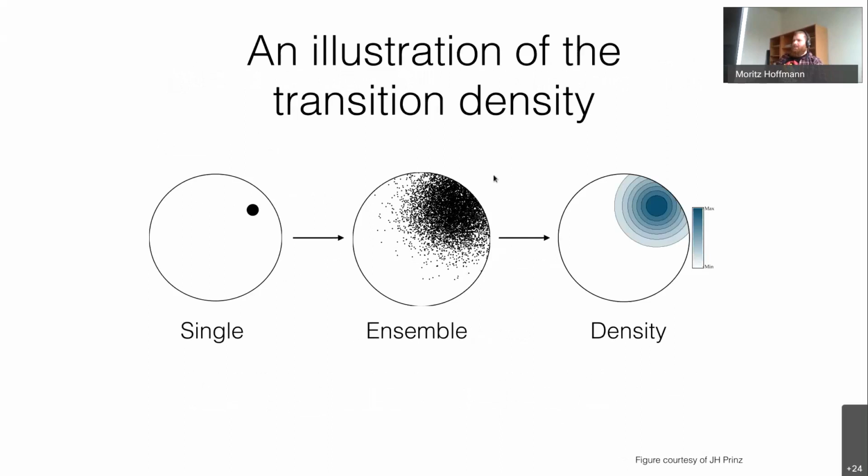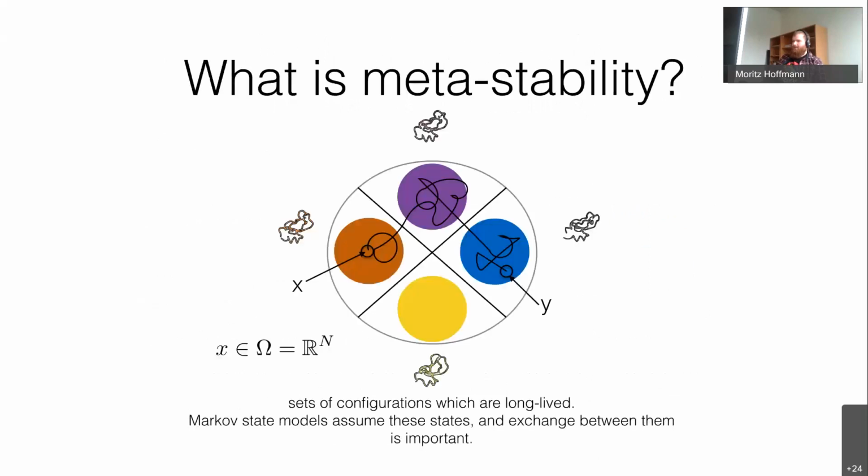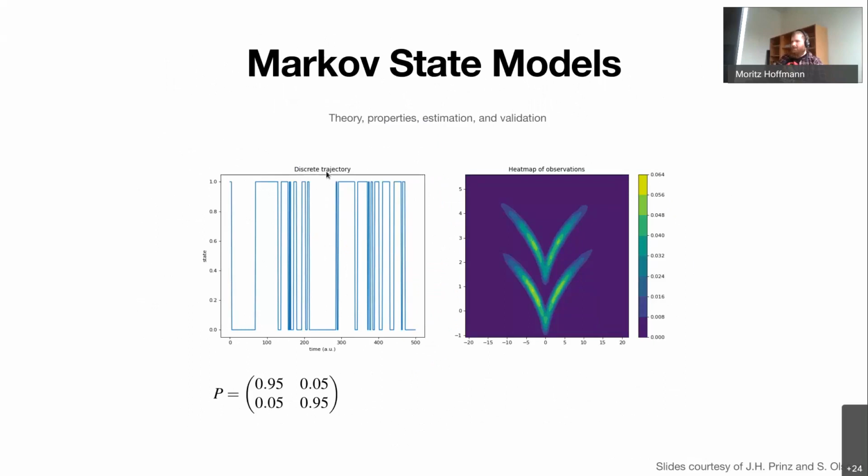And so as you might have already guessed, if I go back to the very first slide, if I can, then we have this discrete trajectory here, which jumps between states 1 and 0. But if we look at this transition probability matrix, which gives us conditional probabilities to jump from state 1 to 1 or from state 1 to 2, then this is actually a probability distribution, right?